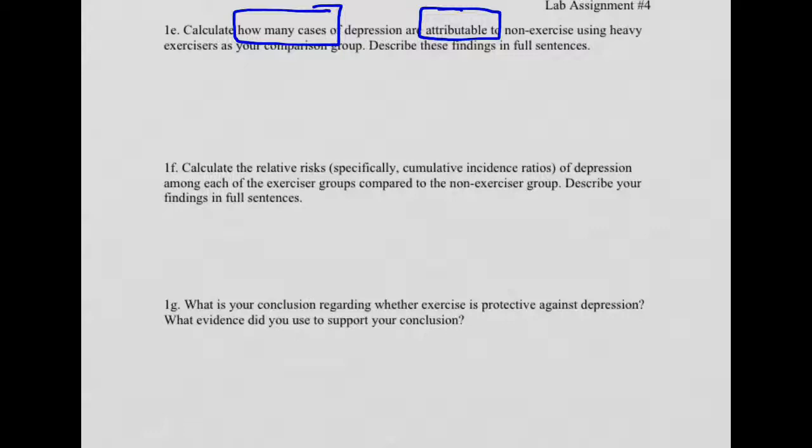Most of you got this one. So in our non-exercise group, we had 20 per 100 women, or if you remember, actually 200 per 1,000 women. Then we subtract that from the number of cases in our heavy exercise group, which was 70 per 1,000 women.